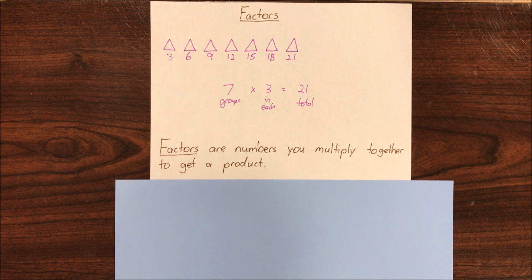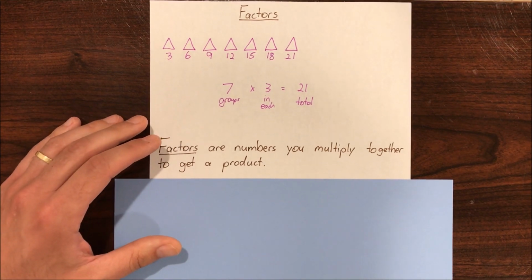Think about that definition and the work we just did. What are the factors of 21 that we just found? How do you know? Say it out loud. You might have said that 3 and 7 are factors of 21 because we can multiply 7 times 3 to get 21. 7 groups of 3 is 21.